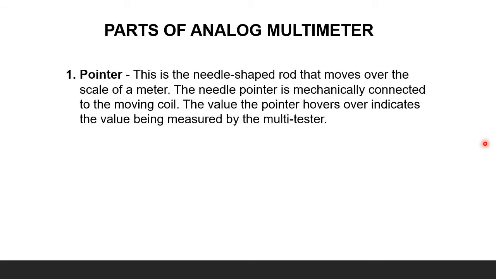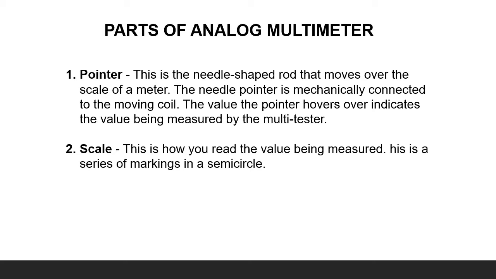Pointer: this is a needle-shaped rod that moves over the scale of a meter. The needle pointer is mechanically connected to the moving coil, and the value the pointer hovers over indicates the value being measured by the multi-tester.